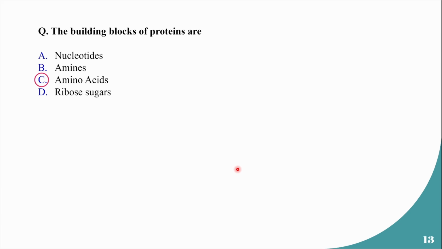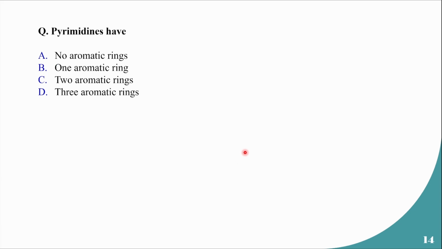Nucleotides are the fundamental building blocks for nucleic acids, right? Your DNA, RNA. And the ribose sugars, again, you know that deoxyribose is a part of DNA, and ribose sugar is a part of RNA, right? So those also come in the nucleic acid formations.